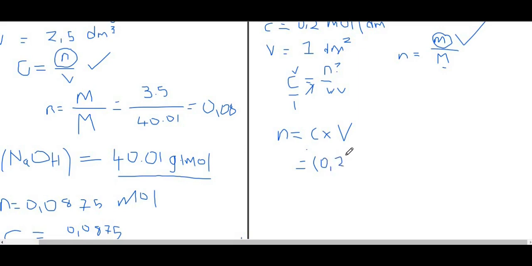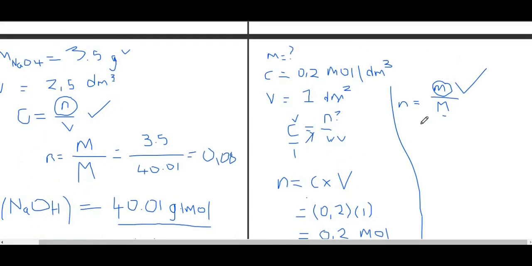What is my volume? My volume is just 1. So 0.2 multiplied by 1 is 0.2, meaning the number of moles of potassium permanganate is 0.2. You must write that it is in mole.